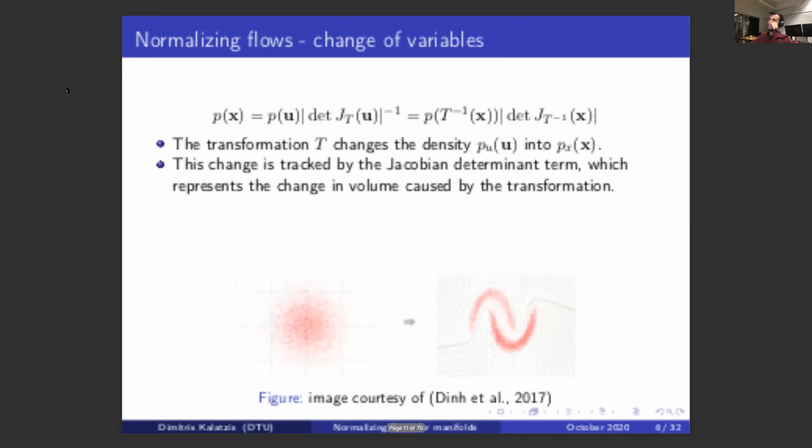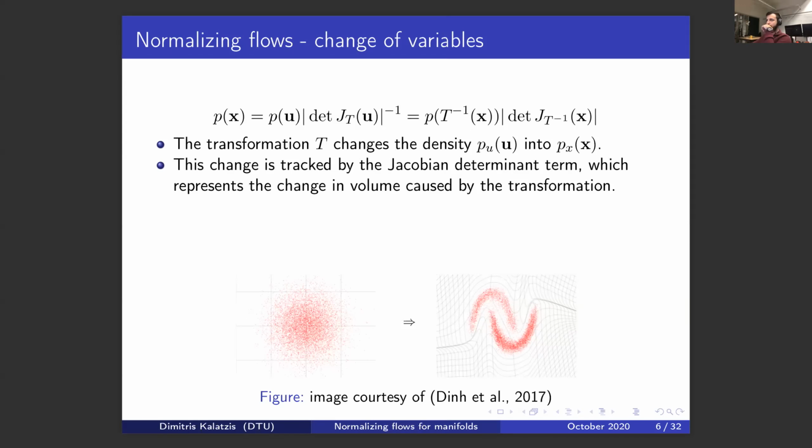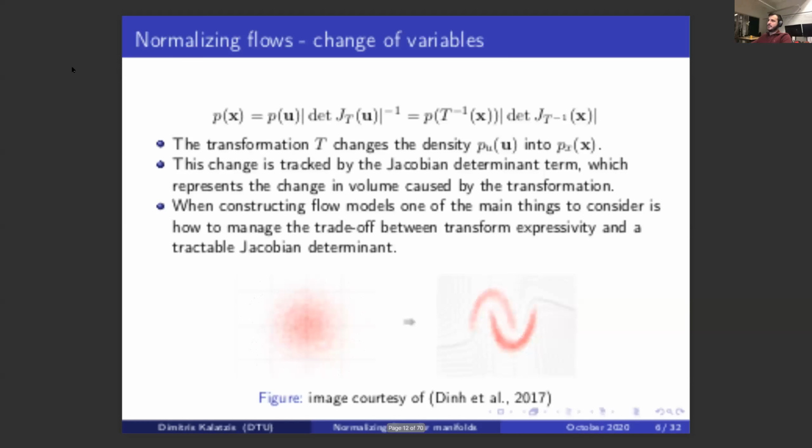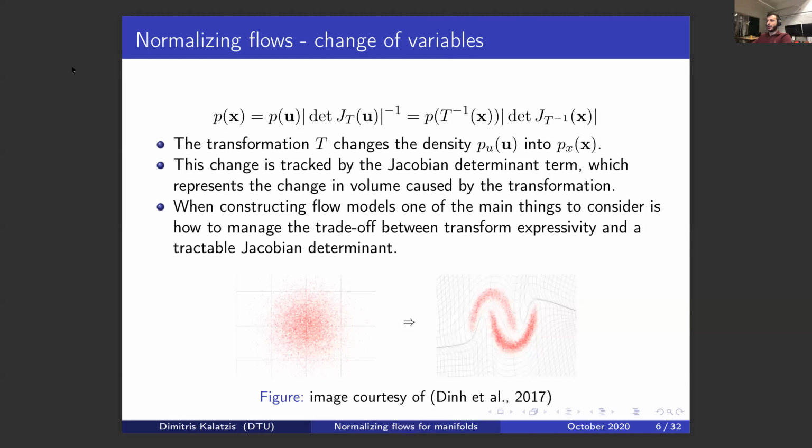Another thing that can be gleaned from the change of variables formula is that the change in density is a consequence of the change in volume caused by the transformation T, which is expressed by the Jacobian determinant term. Computing the determinant term is hard, since in the general case it's an O of n cubed operation.